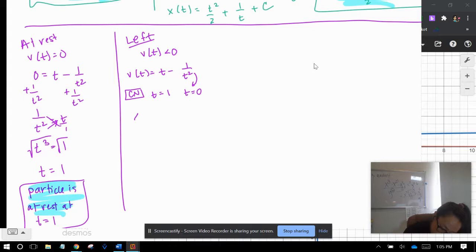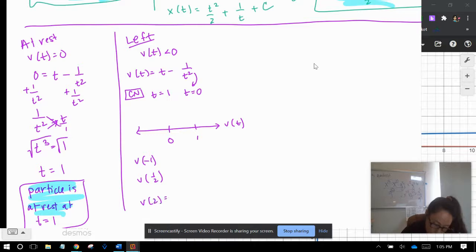Okay, so drawing myself a number line, I get 0 and 1. I'm going to test that for v of t. So let's test some values. I have v of negative 1, v of 1/2, and v of 2. And I end up with negative 1 minus 1 over negative 1 squared. So negative minus a negative gives me more negative. Okay.